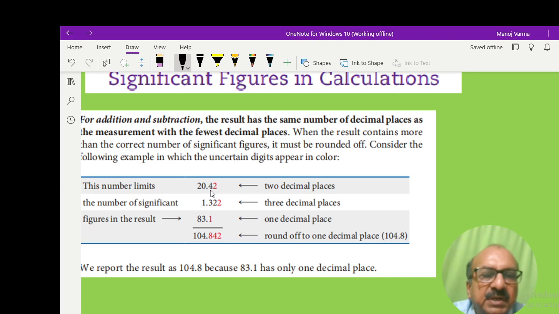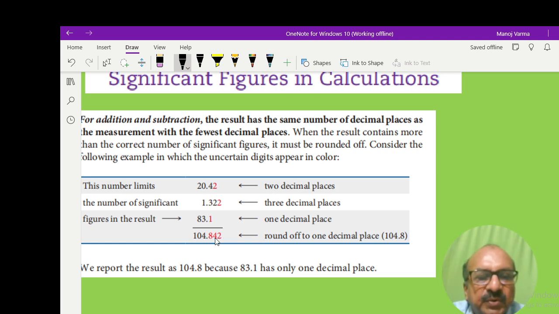In the first number there are two decimal places, in this number there are three decimal places, and in this number there is only one decimal place, right? So when we add in the normal way we get 104.842.